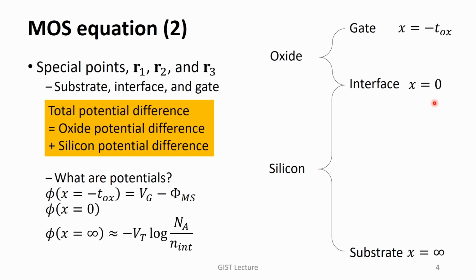Finally, we assume a deep substrate. The substrate can be found at an infinitely large x value. Of course, the potential is determined by the acceptor density. It means that only the electrostatic potential at the interface is unknown.